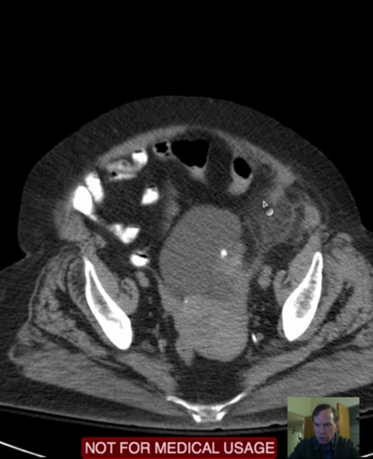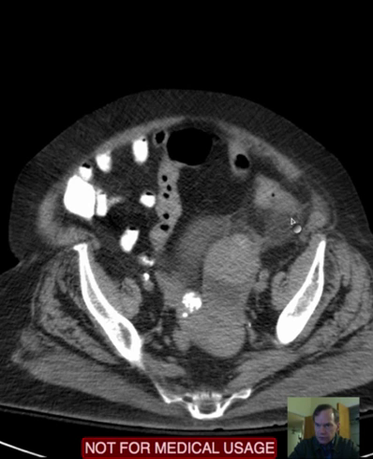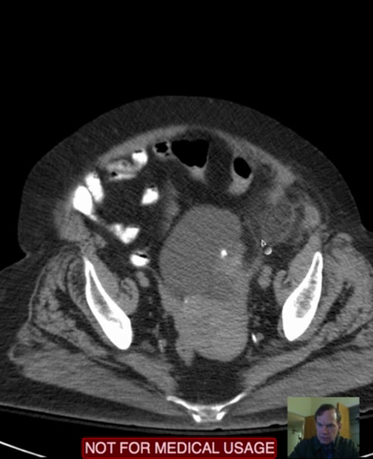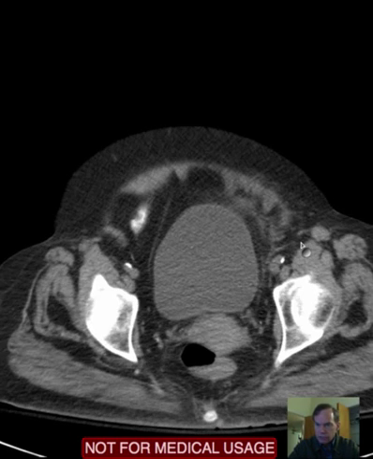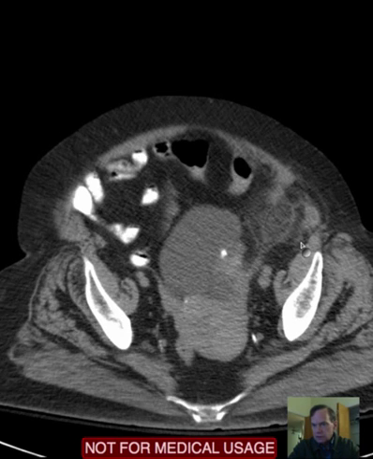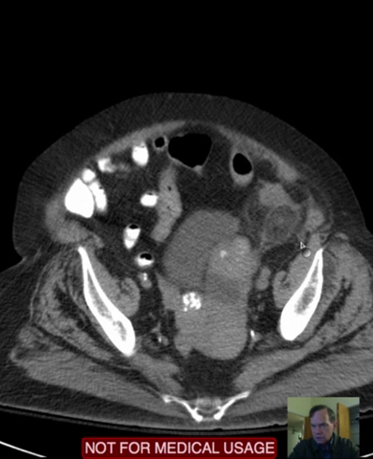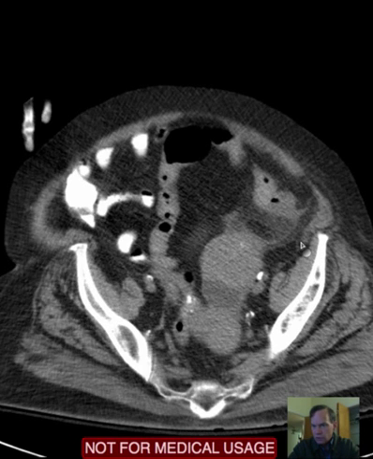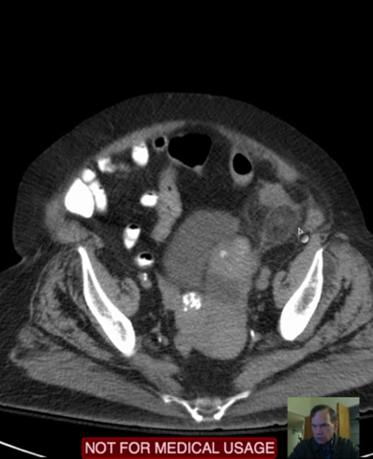Here it's all lightened and there's a strandy, stringy, kind of linear pattern in this area. And that's what we refer to as stranding. Objectively, it is generalized increased attenuation of the tissues. In other words, there's a higher attenuation in these tissues here than there is in the normal fat there.